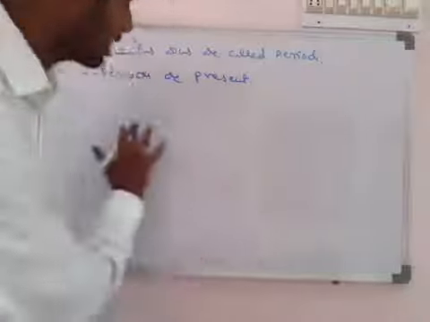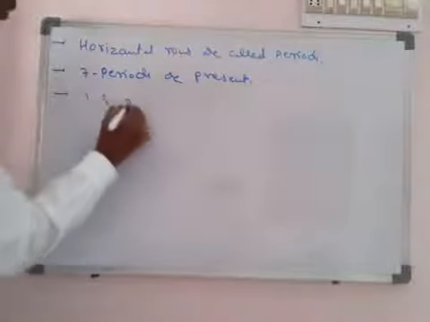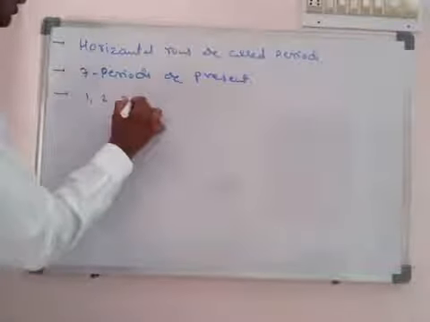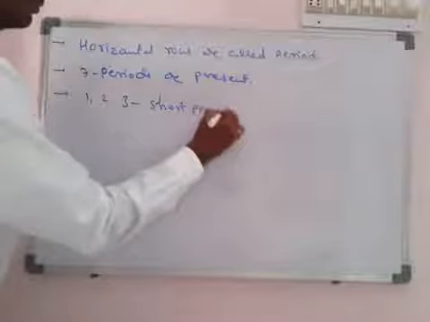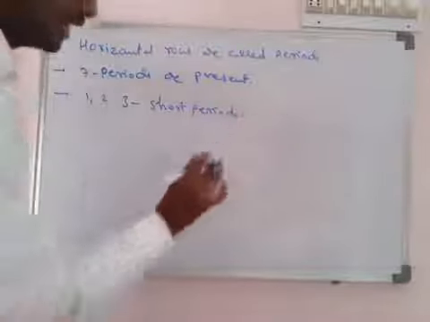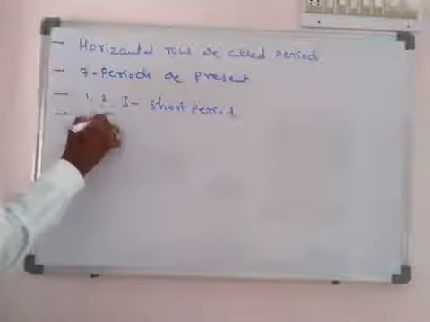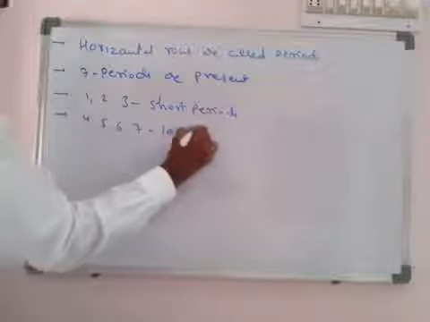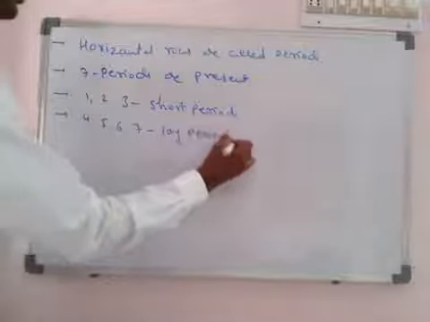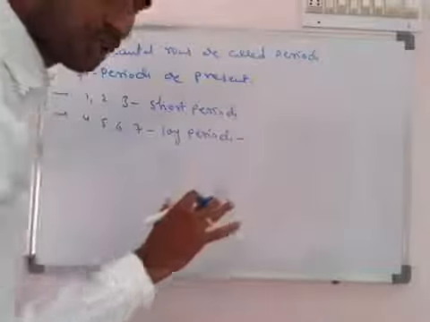The first 1, 2, 3 periods are called short periods, because short periods are not subdivided. Next, the remaining 4th, 5th, 6th and 7th are called long periods. These long periods have 2 sub-horizontal rows.